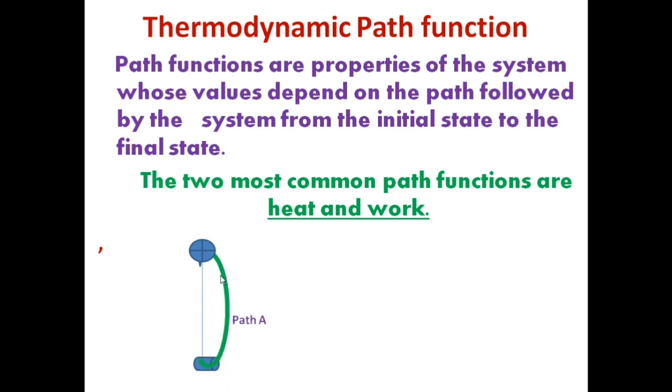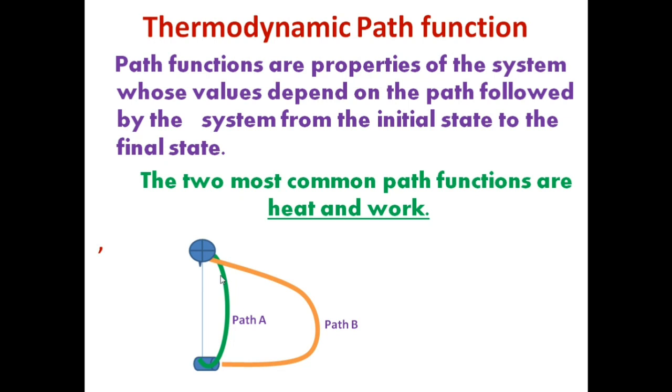See, if you choose path A to go from the initial point to the final point, from reactant to product, the work done is of one value. If you choose path B, naturally this is a longer path, so it needs more work to reach there.